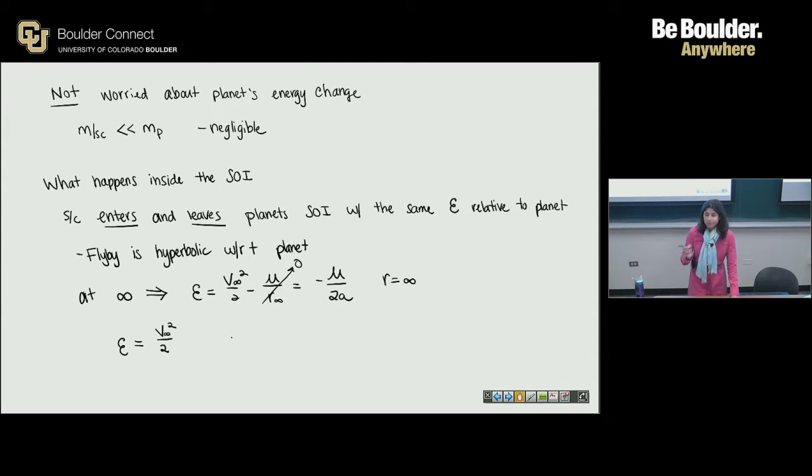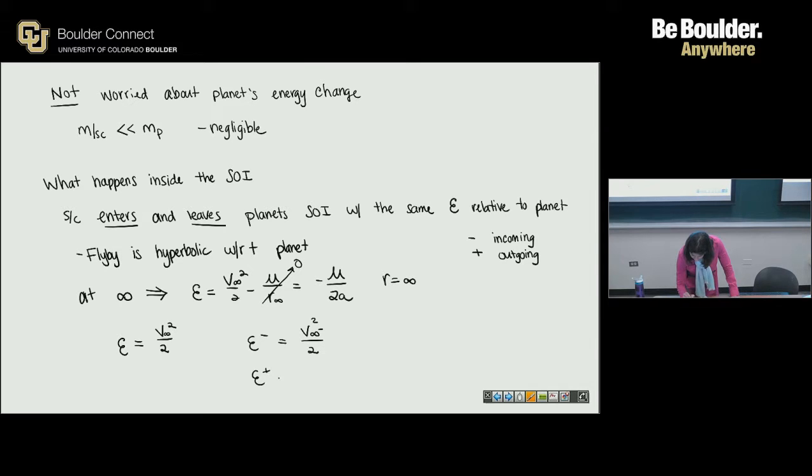So just to let you know, I'm going to use the notation plus to be outgoing at the flyby and a minus sign to be incoming at the flyby. So we can say that energy coming into the flyby is V infinity coming in squared over 2.